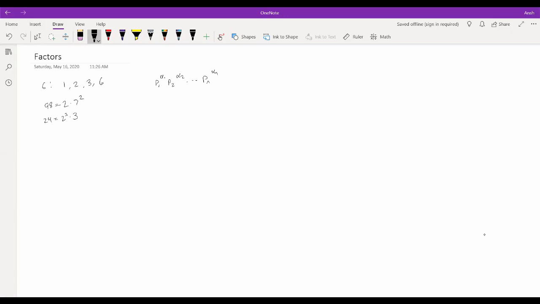Obviously, if a number, let's say k, divides our original number n, then it has to be a divisor of n. So that means it can't have a power of, let's say, p1 greater than a1, because otherwise it would not be able to divide n, since you would have one more 2 in it.